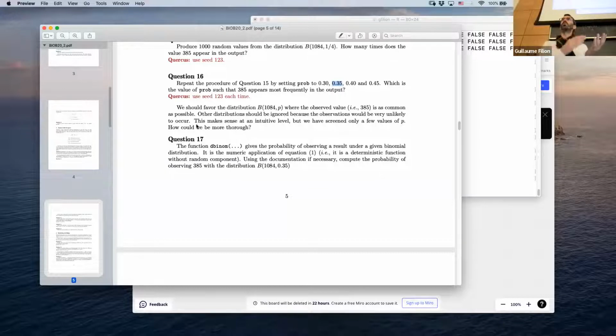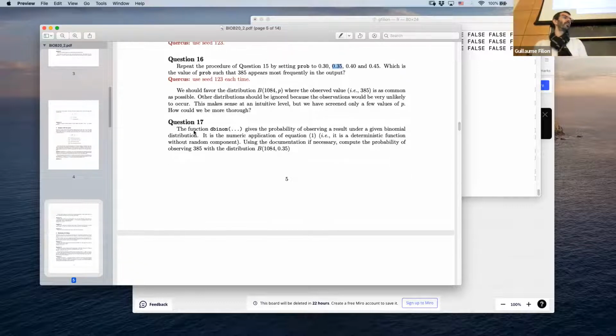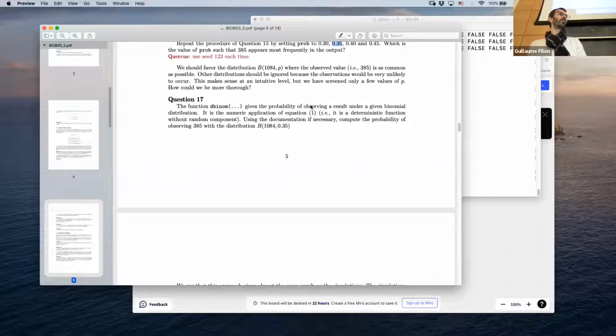When we put it too low or too high, then 385 is just not happening anymore. This makes sense at an intuitive level, but we have screened only a few values of p. Okay, so like I've screened like 4, maybe 5. Doesn't say that 0.35 is the best ever. It could be 0.357.